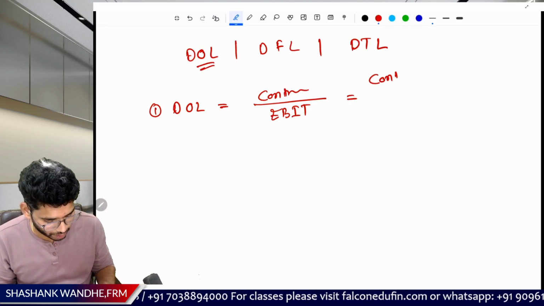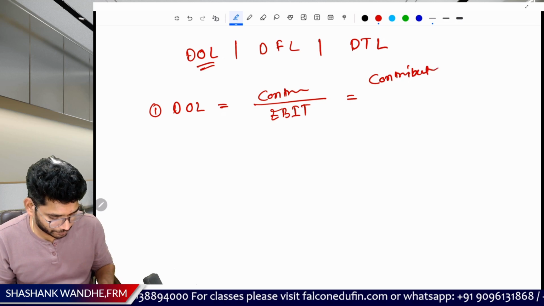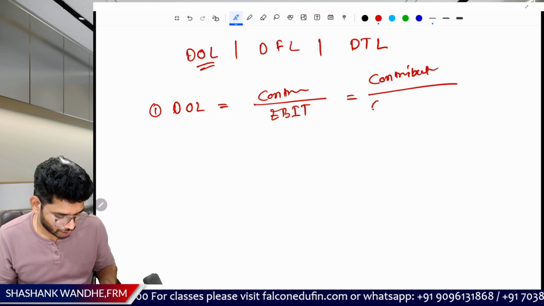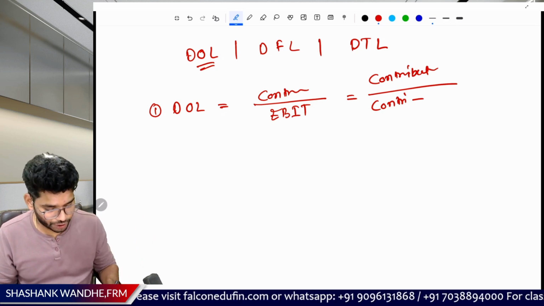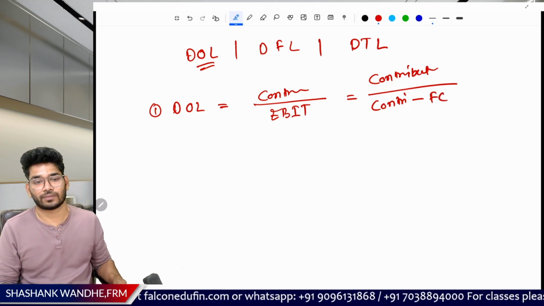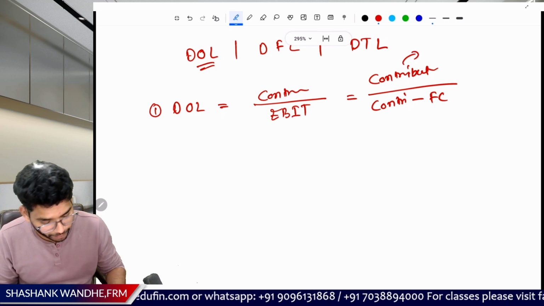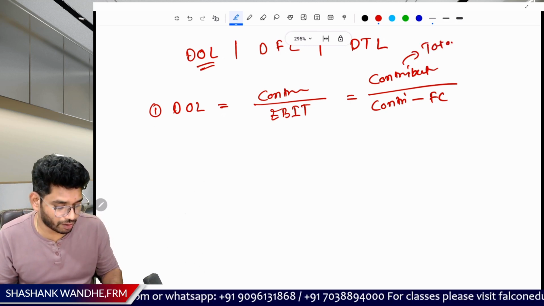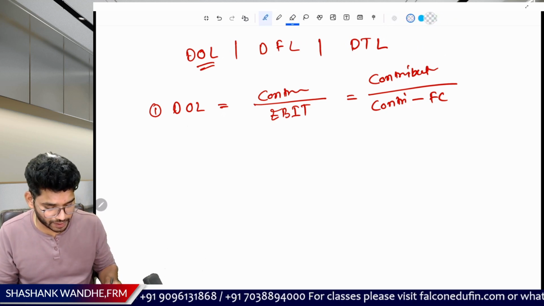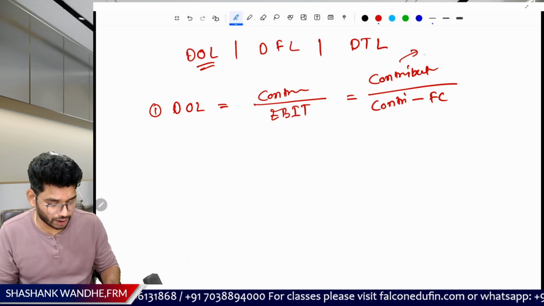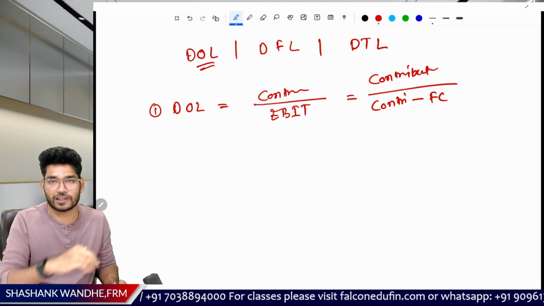So you have contribution divided by contribution minus fixed cost. Here, this contribution is total contribution, not per unit contribution. This is total contribution. Always remember this. So total contribution divided by total contribution minus fixed cost.